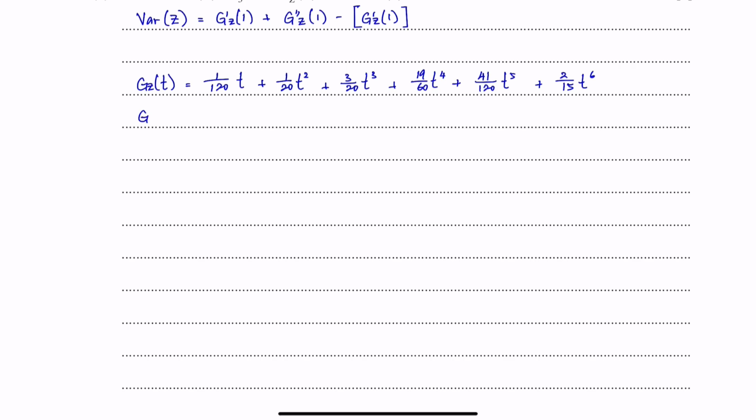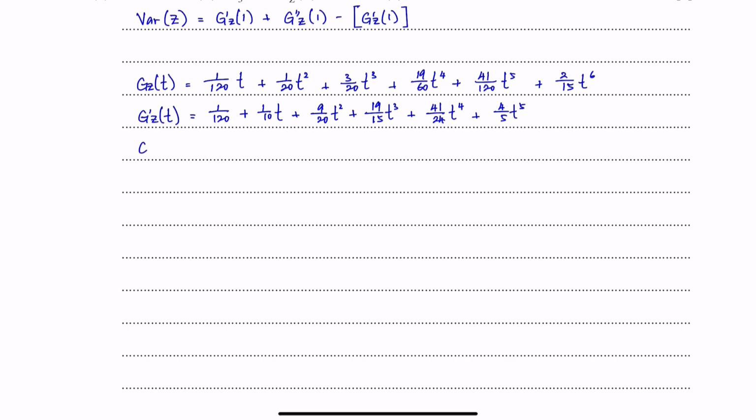So differentiate this, we have G prime t equal to 1 over 120 plus 1 over 10 t plus 9 over 20 t squared plus 19 over 15 t cubed plus 41 over 24 t to the 4 plus 4 over 5 t to the 5.